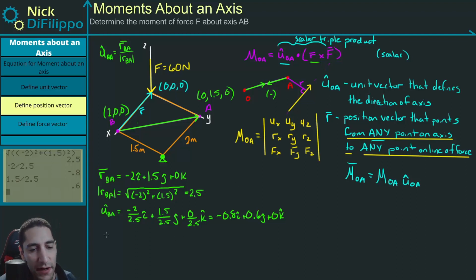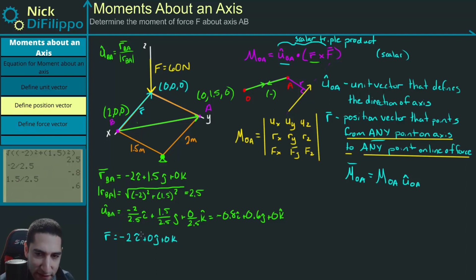So this position vector from B is going to be, again, the head minus the tail. So 0 minus 2 is minus 2I. 0 minus 0 is plus 0J. 0 minus 0 is plus 0K.